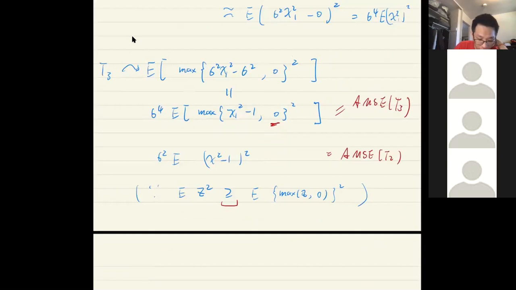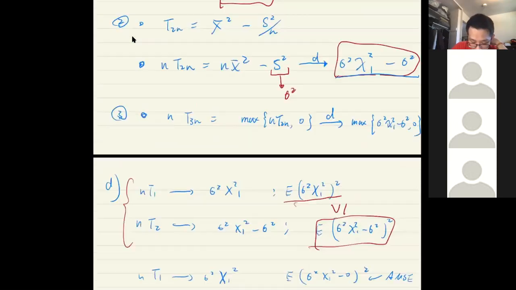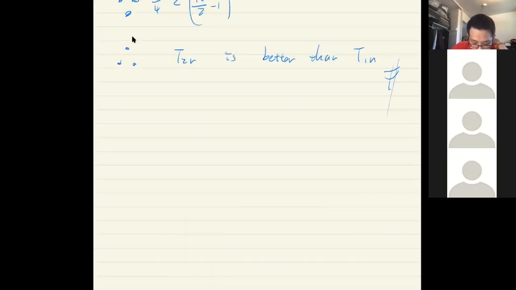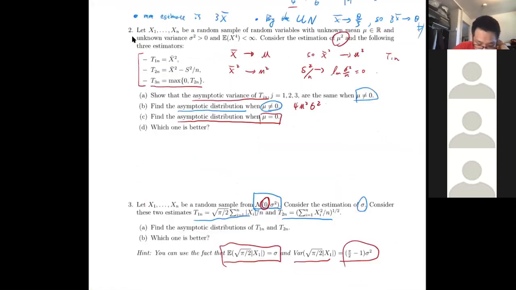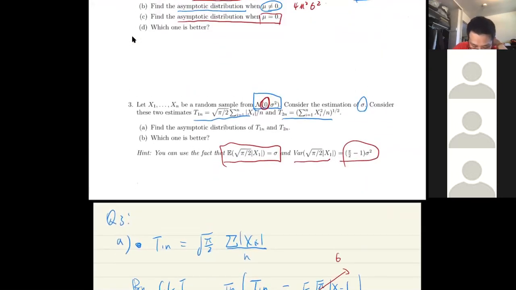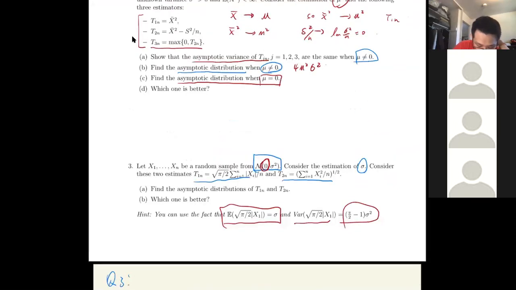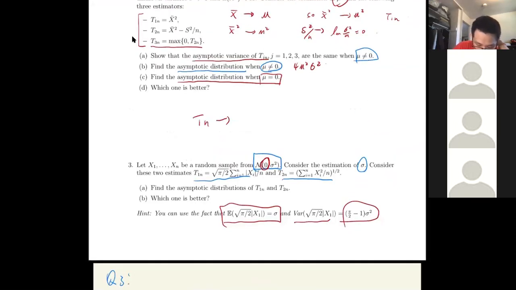So if you have a biased estimate or biased asymptotic distribution, for example, if T1 converges to some normal distribution with a nonzero mean, then we will use the mean square error, which is mu square plus sigma square.